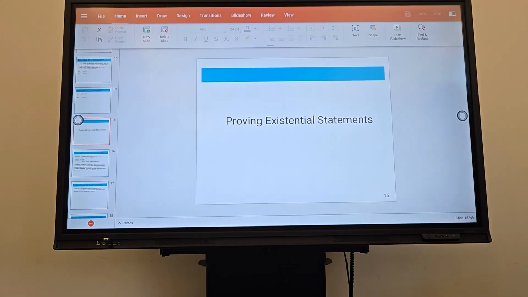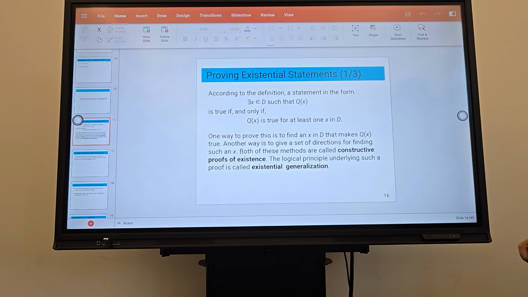Proving existential statements. Proving an existential statement means finding an x in the domain that satisfies the property.